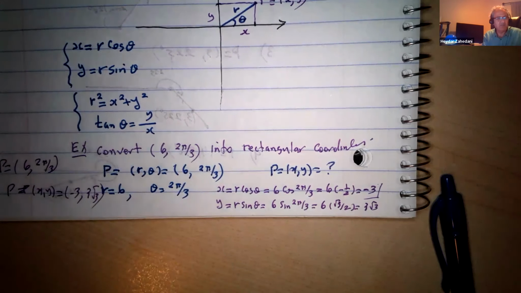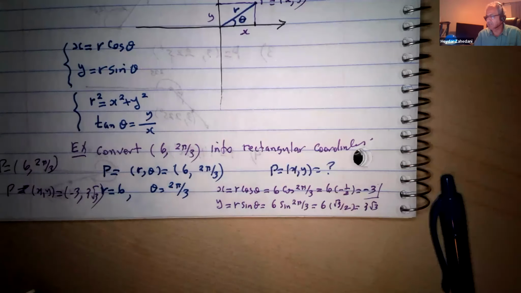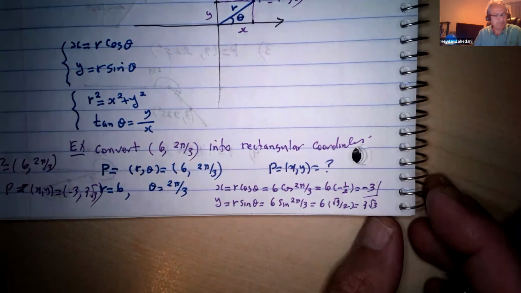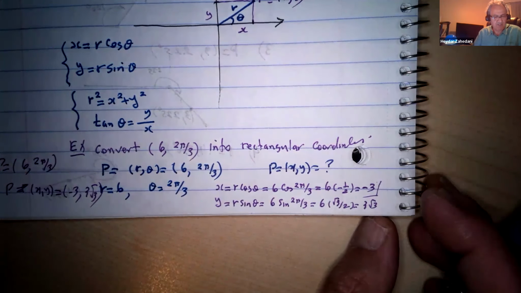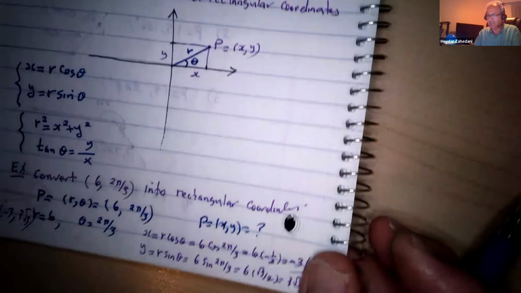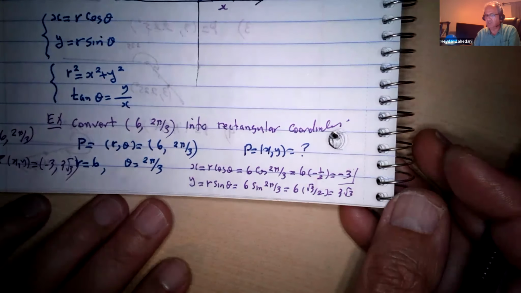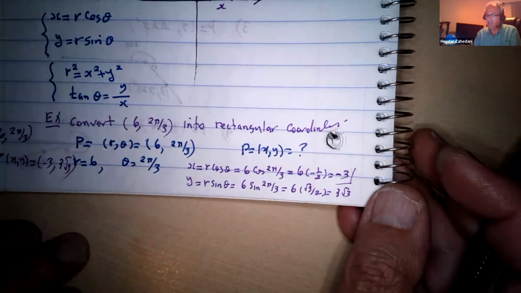This is the way you are going to go from one system to the other. The polar was given, and we changed it to the rectangular coordinates. Okay, let's have another one, the other way around. That was the conversion from polar to XY coordinates: easy, you have the formula, substitute, you get it.